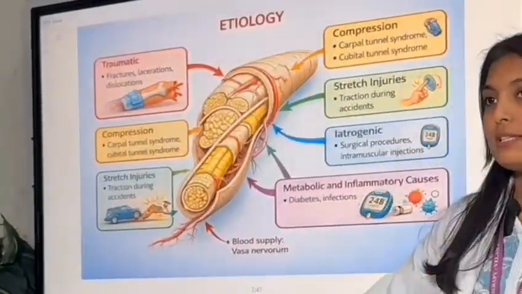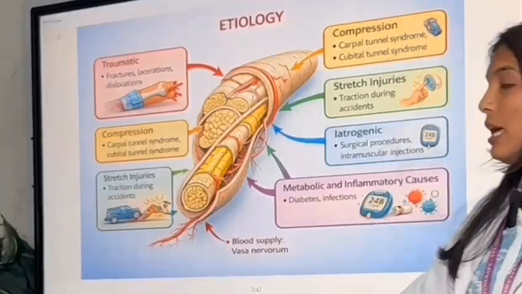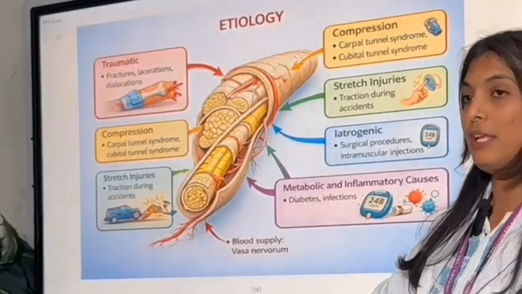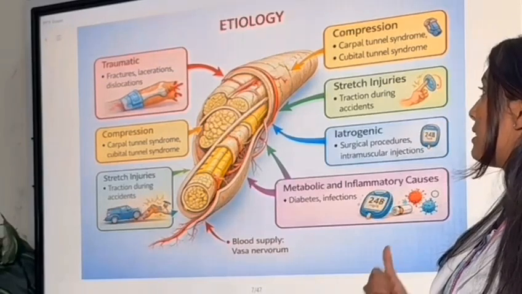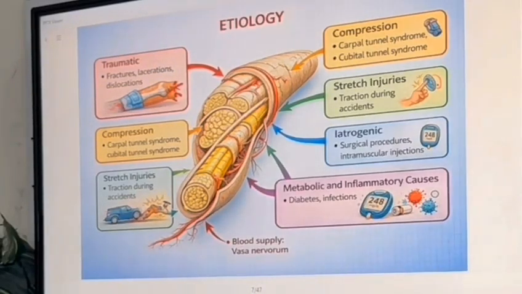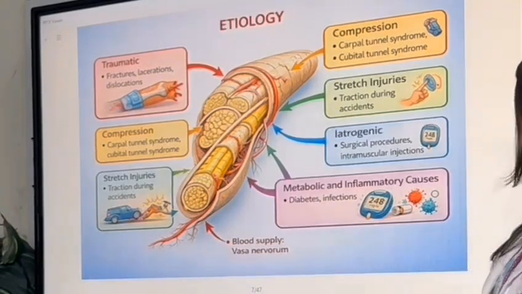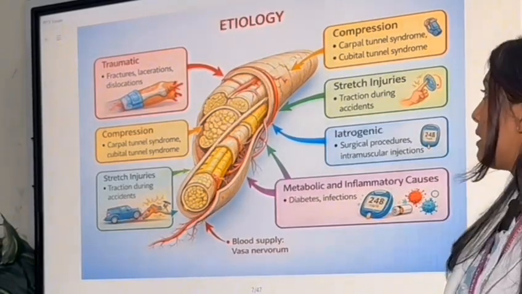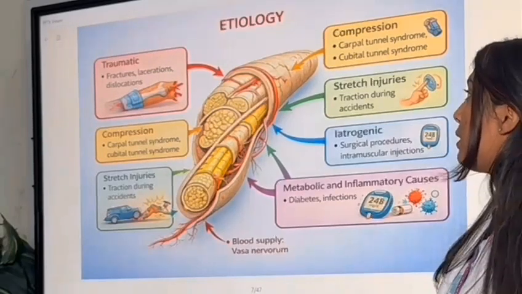Next comes what causes peripheral nerve injury. There are many causes, such as traumatic, compression, stretch injuries, iatrogenic causes, metabolic or inflammatory causes. Traumatic causes include fractures, lacerations or dislocations.